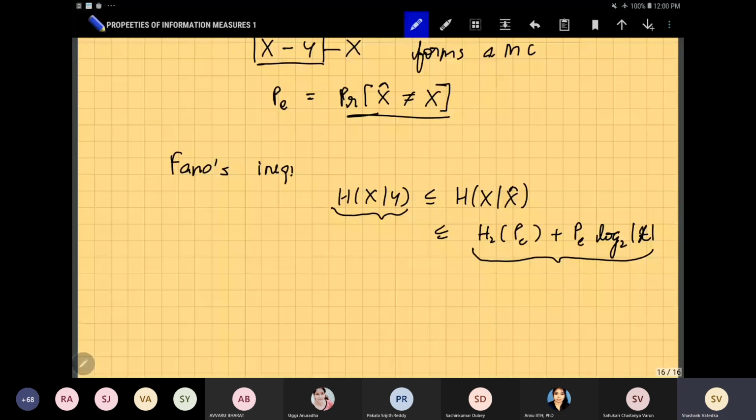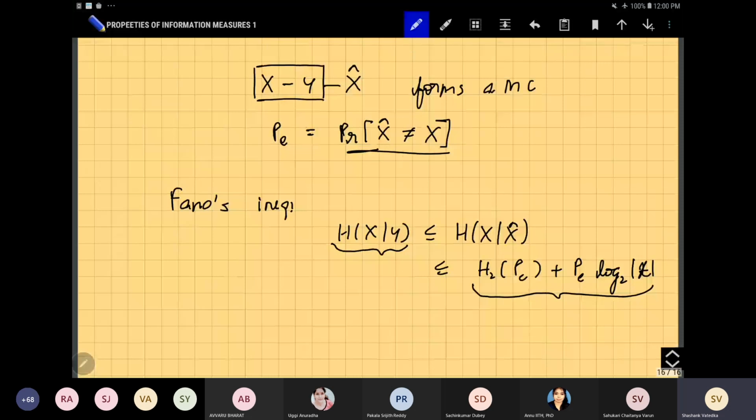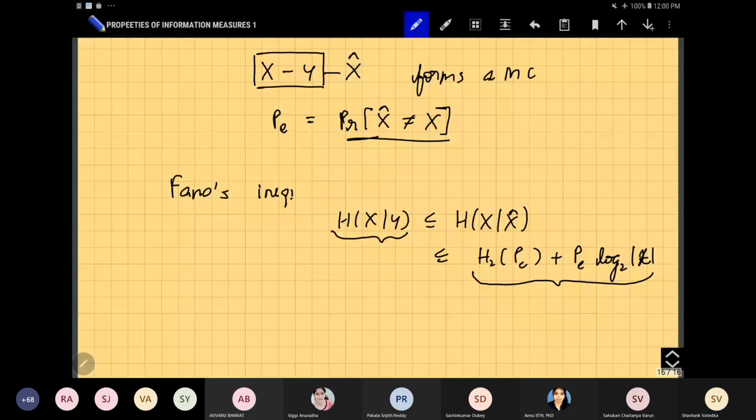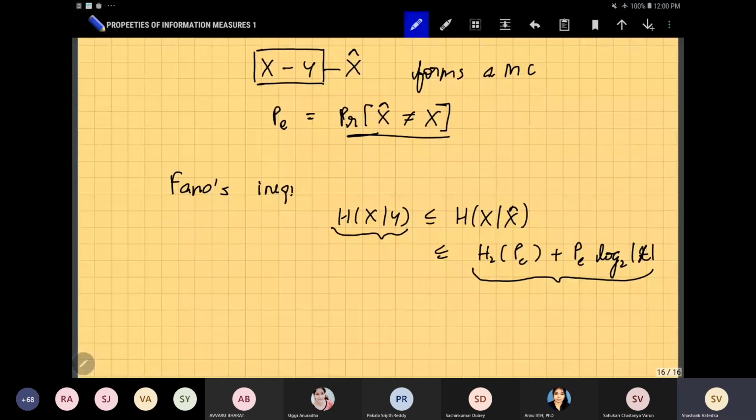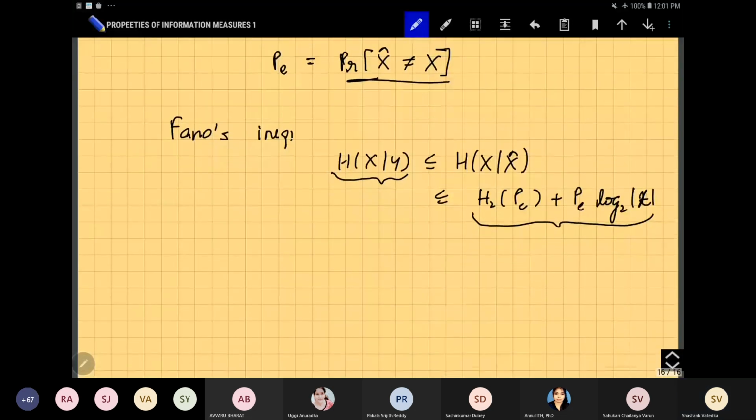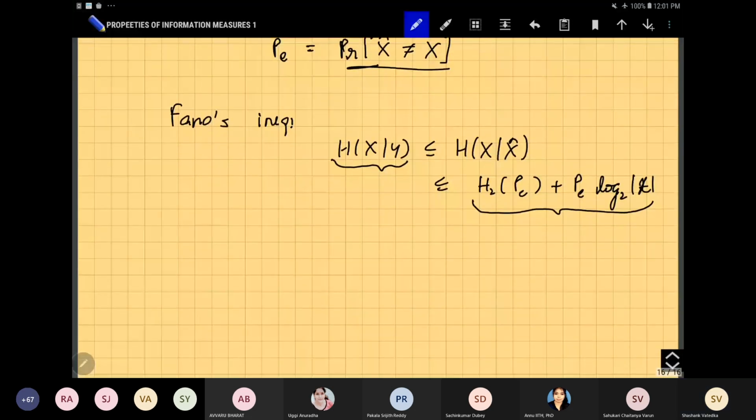So Fano's inequality gives a lower bound on the probability of error for any arbitrary given random variables x, y, and its estimate x hat. Right? Any questions?